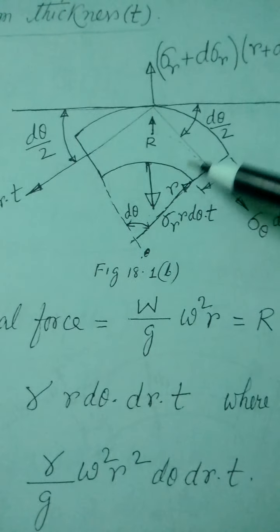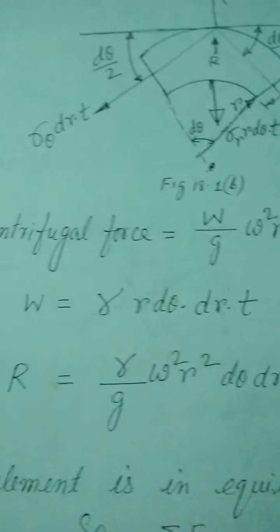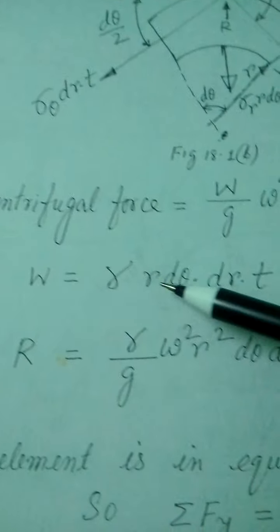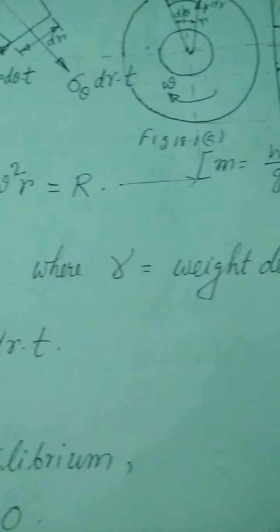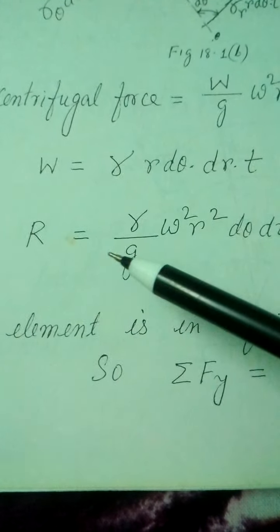It is inside the paper, thick. So weight is expressed in weight density form. Now, so R becomes this one.